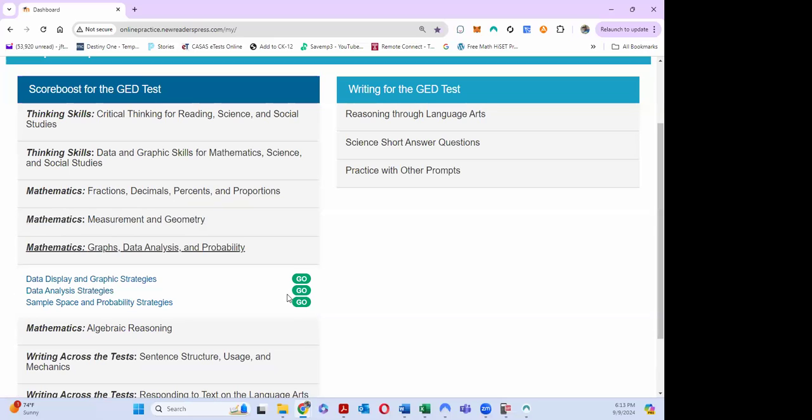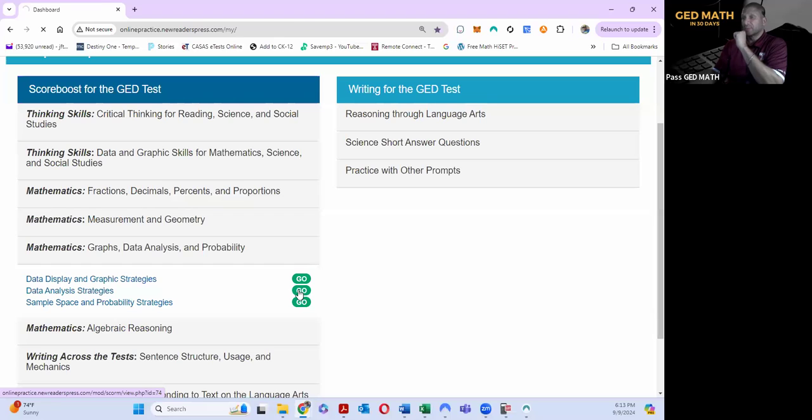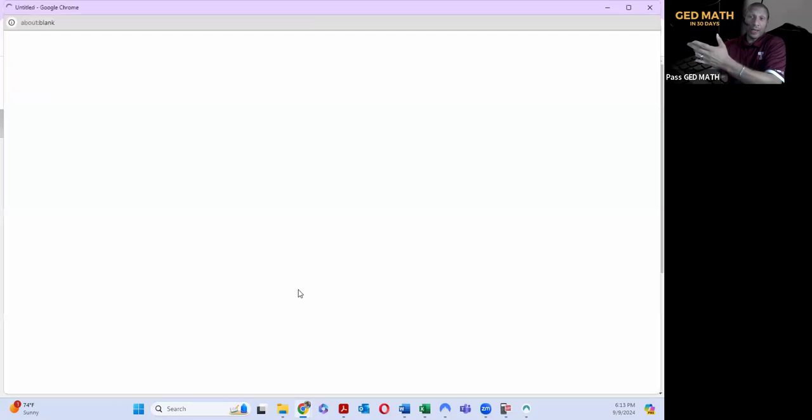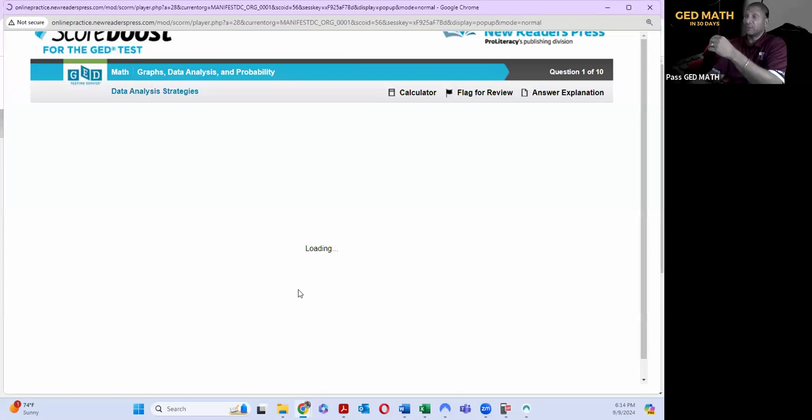But let's go to data analysis. And why they don't have it secure, I have no idea, because I know New Readers Press probably have a secure certificate online. But let me show you why I like it, and why I would suggest probably using it. And again, you can see that it's not just for math, it's for several subject areas, right?